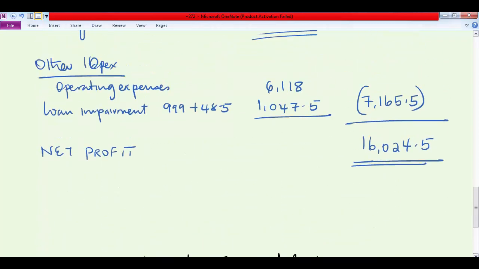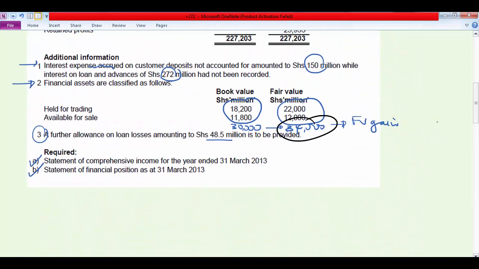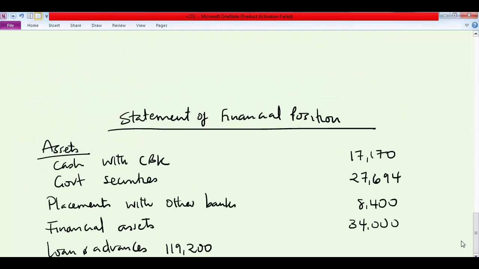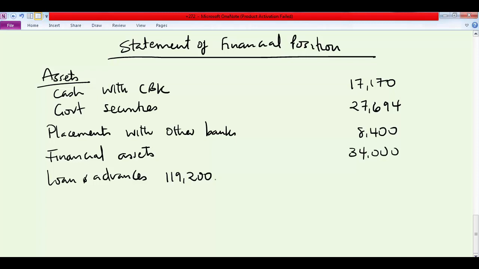However, there were adjustments to that number. Let's go through the notes and see. What are we told? We are told that there was an interest on loans that had not been recorded, this 272, which should increase our loans. And then there's a further allowance of 48, which also needs to be factored in to reduce the loans. So this gives us 119,423.5.